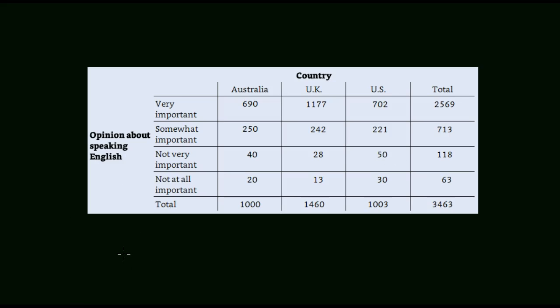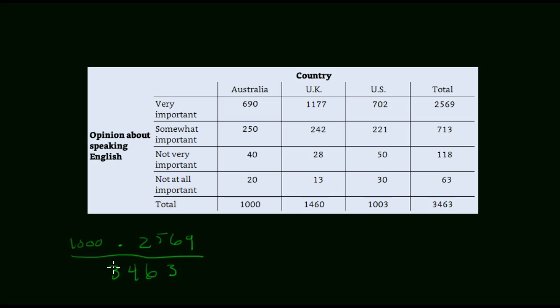Okay, so we're going to get this expected counts thing. The expected count for each of these boxes, so if I look at the Australia and very important box, should be the total number of Australians, which is 1,000, times the total who said very important, which is 2,569, over the total in the entire system, which is 3,463.